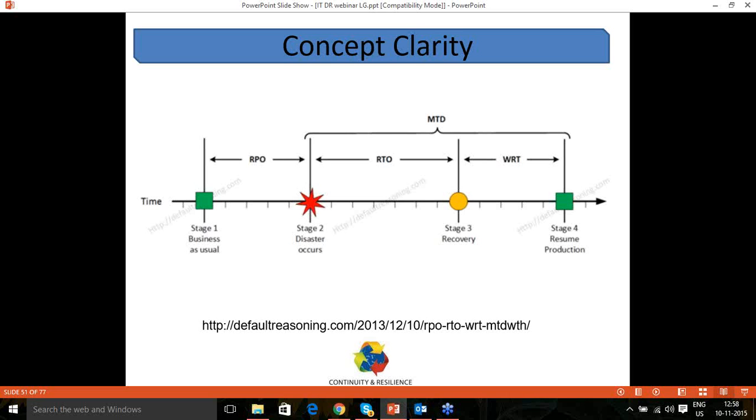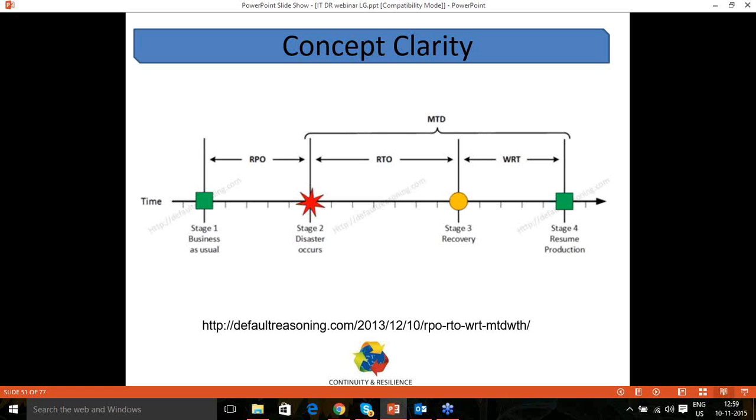Then I would take some time to recover fully and go to my business as usual from maybe my primary site or some other site we identified. If I add that time to RTO, it becomes MTD, maximum tolerable downtime. And if I go back in time, from stage 2 back to stage 1 when I took my last backup, that becomes my RPO, recovery point objective.